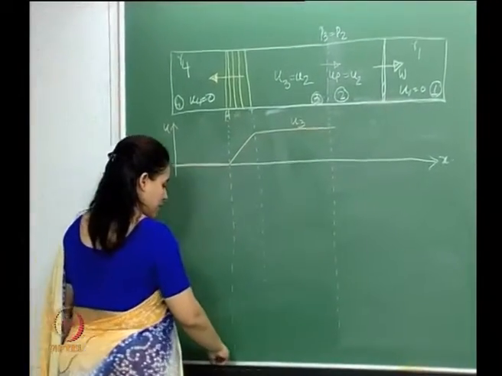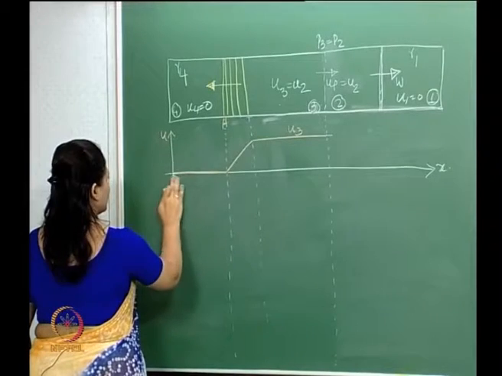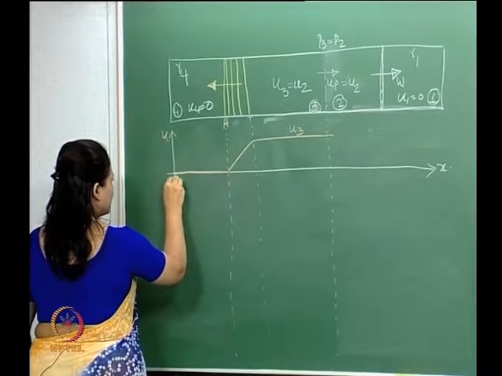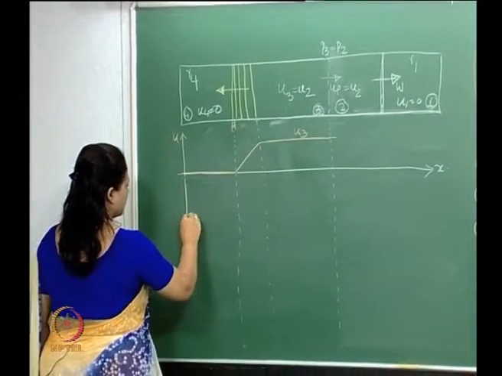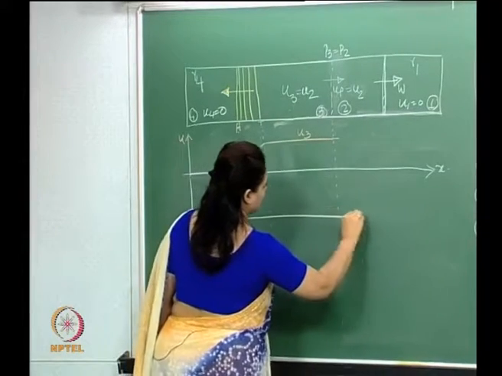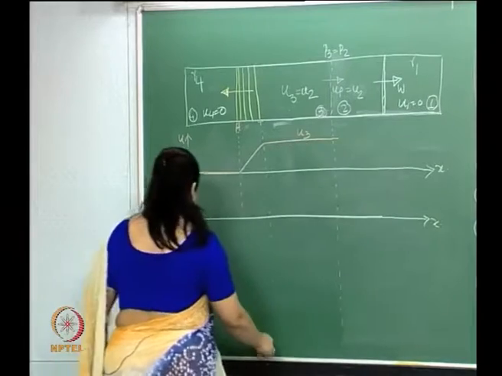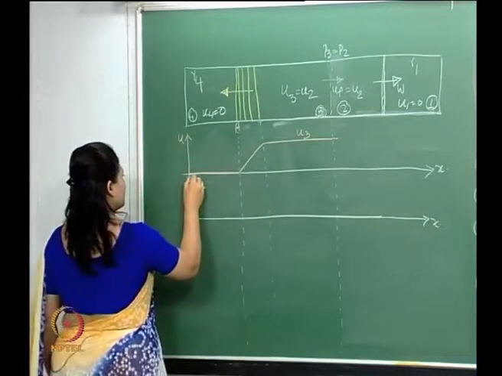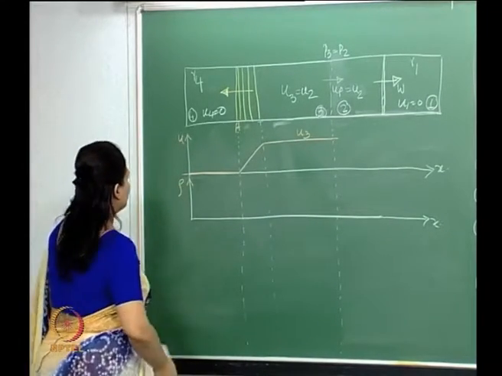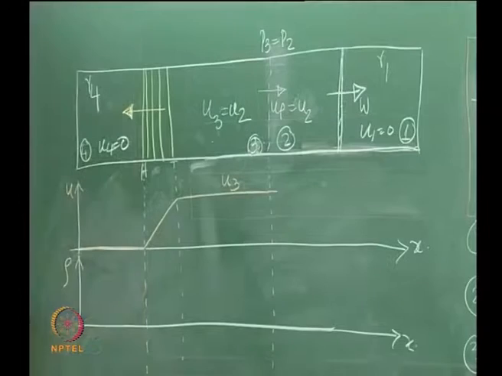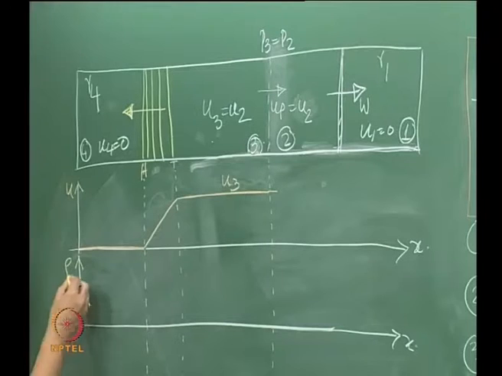So then let us next look at, say, the density. Again, this is all x. Let us say this is density. Now rho 4, there is some density here.